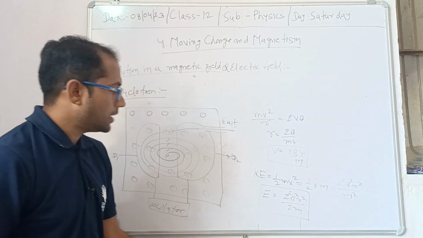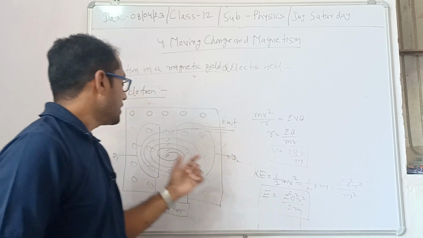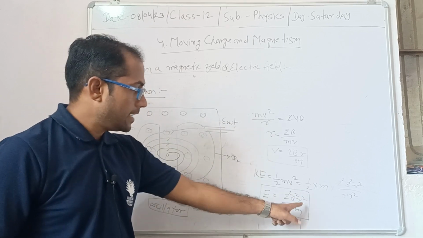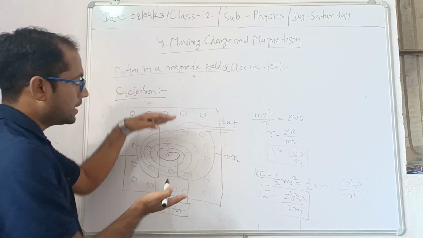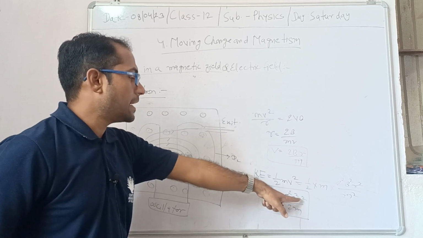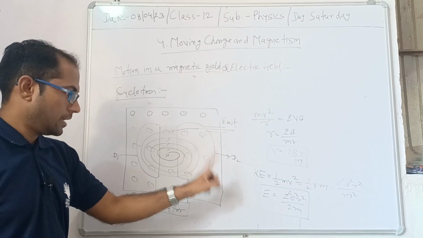We know that the energy of this particle does not depend on the velocity. It depends on the charge of the particle, the magnetic field, and the radius. If you use a large size of D, then you get a large value of r, and you get a large value of energy.